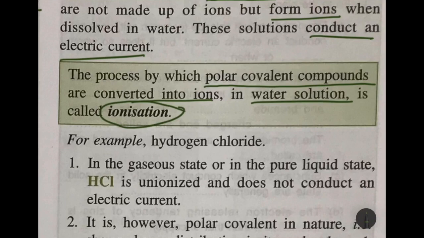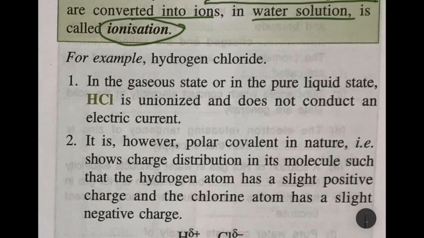Remember, it is only polar covalent compounds, not ionic compounds. So ionization is the process by which polar covalent compounds are converted into ions in water solution. Example: hydrogen chloride.